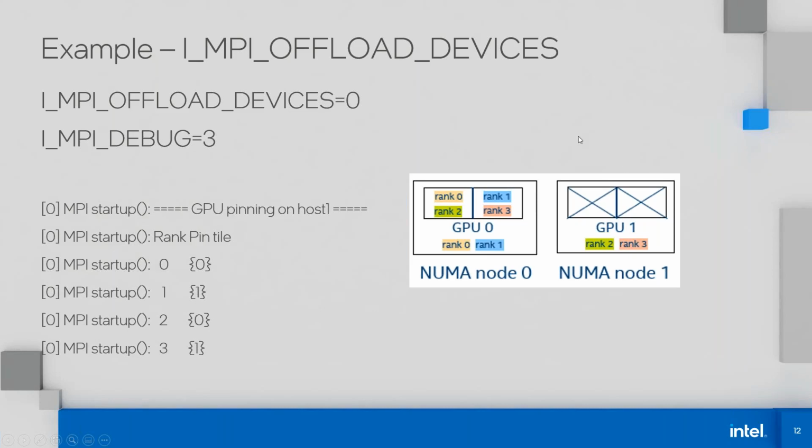And in this example, I disabled the second GPU, GPU number 1, and only GPU 0 is available for pinning, and only tiles from this GPU will be visible for the ranks. So here we can see oversubscription, when several ranks share the same tile, the same device.